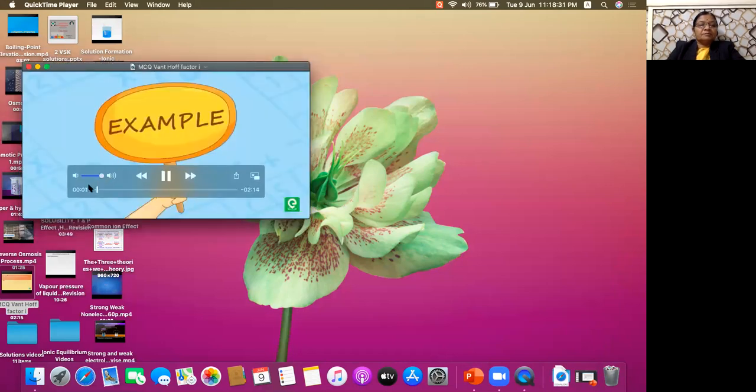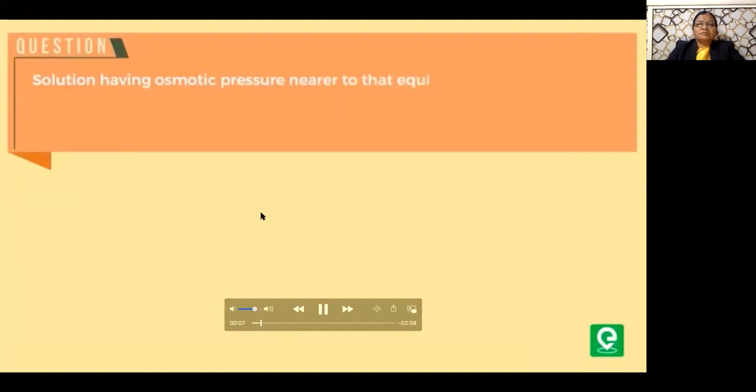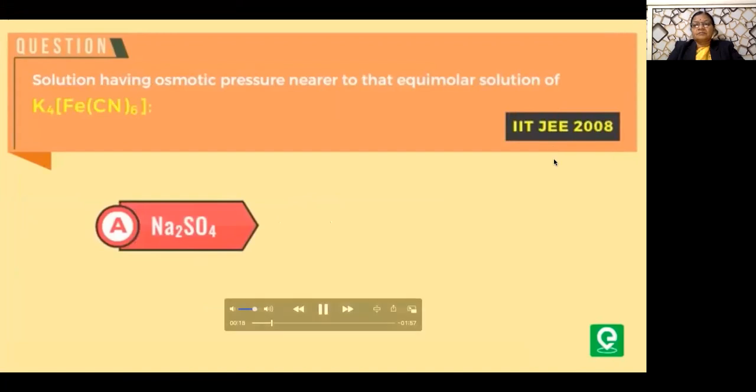To gain more confidence. Question: Solution having osmotic pressure nearer to that of equimolar solution of K4[Fe(CN)6], IIT-JEE 2008. Option A, Na2SO4.